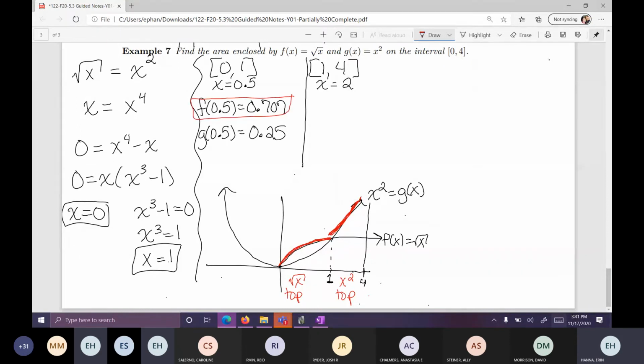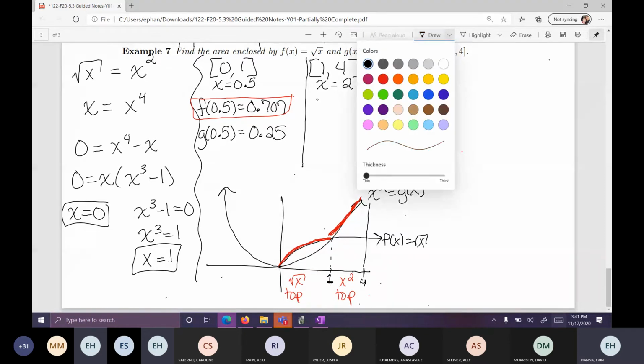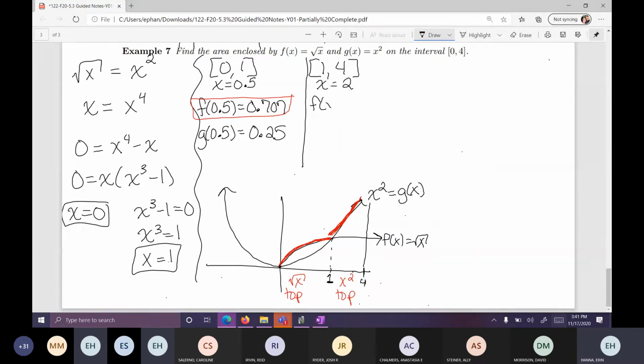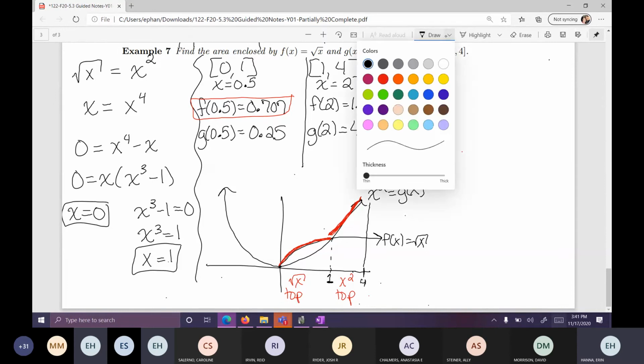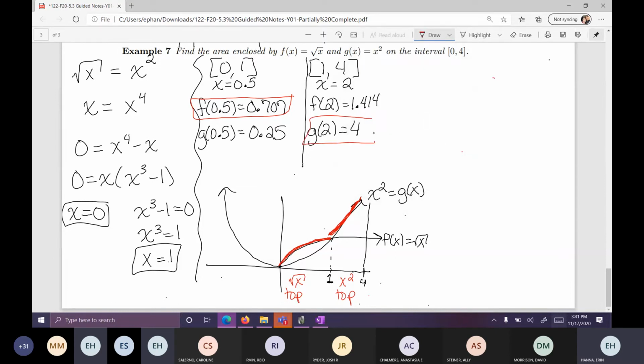So the square root of x is on top, which we already knew. And then if I plug 2 into both functions, the square root of 2 is approximately 1.414. And then 2 squared is 4. So 4 is larger than 1.414. So x squared is on top, which again, we already knew.